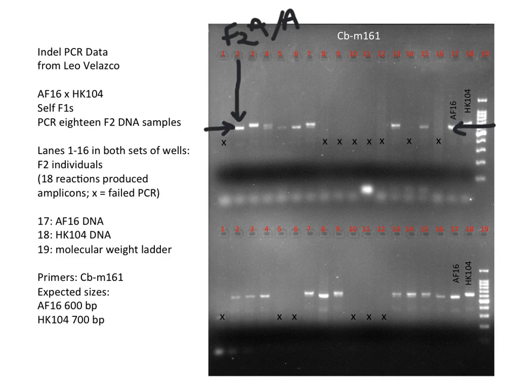To its right, what's the genotype of that worm? One band, it's a little bit larger. So it's got the HK104 size. It's a little bit larger product. So it's homozygous for HK104, the HK allele, a little bit larger. What's going on here?